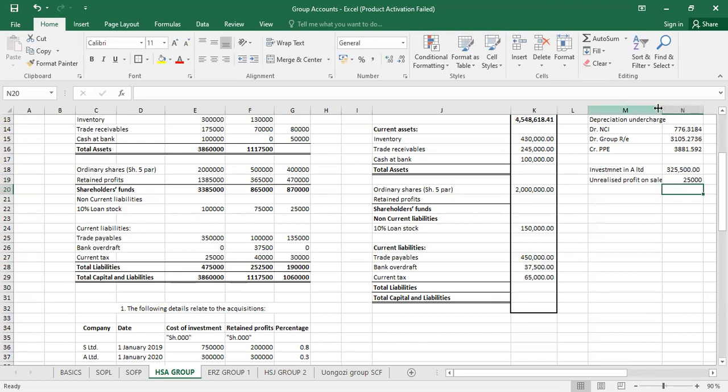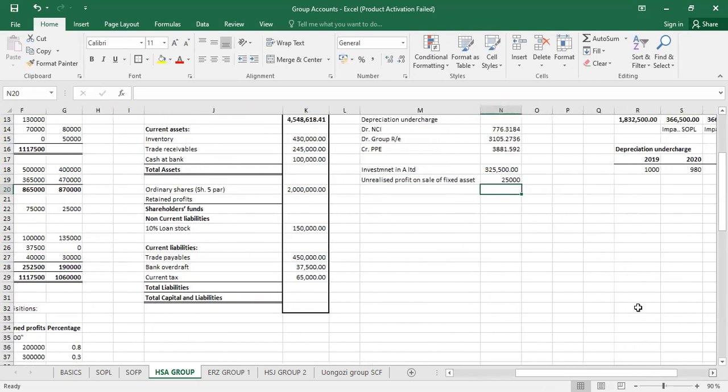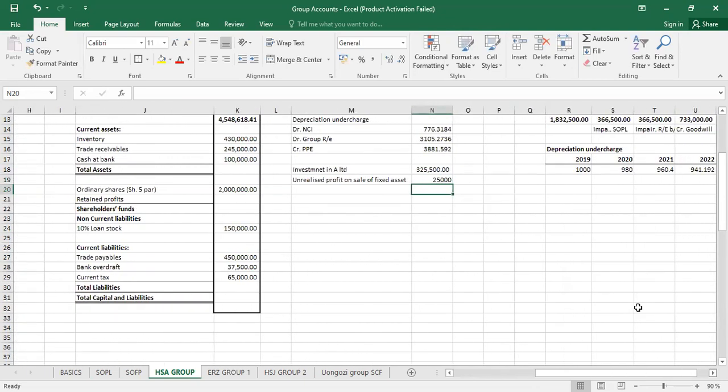You find that we have unrealized profit of 25,000. So how will we adjust it? The first one will be with a debit. Unrealized profit on fixed asset means our fixed asset had been overstated.